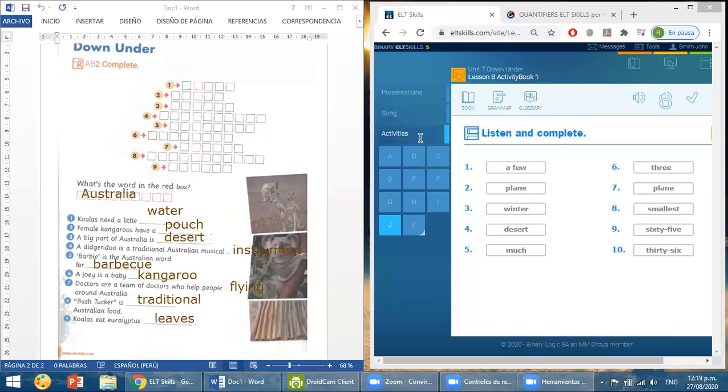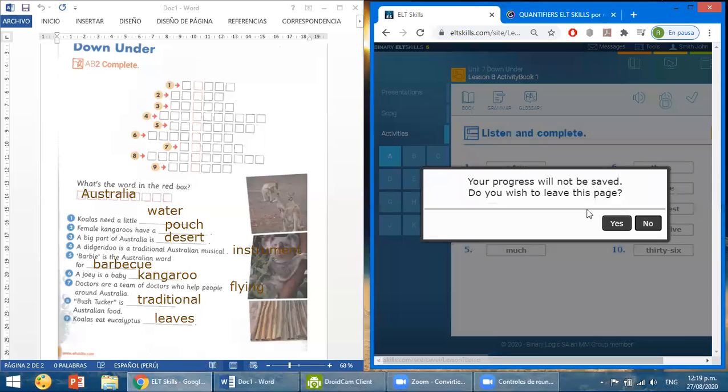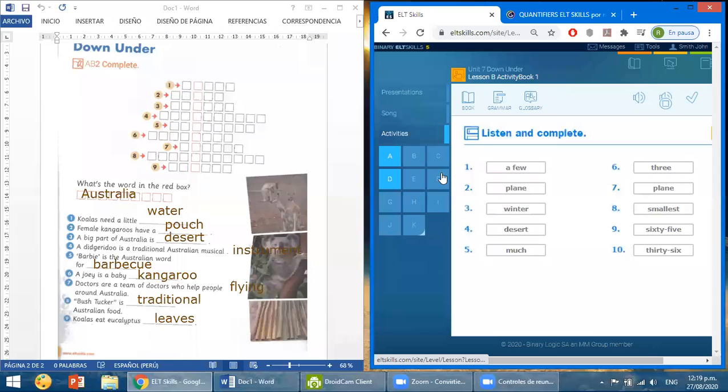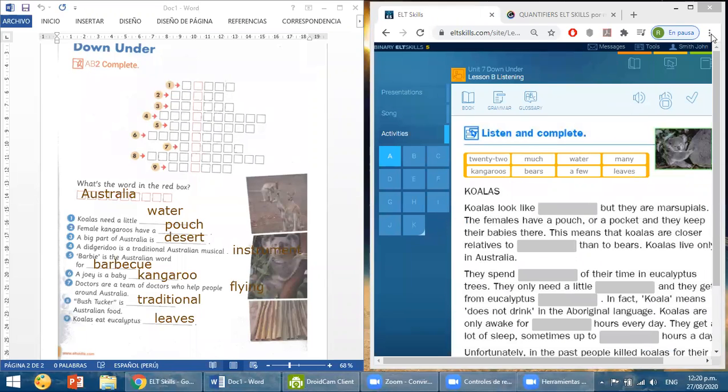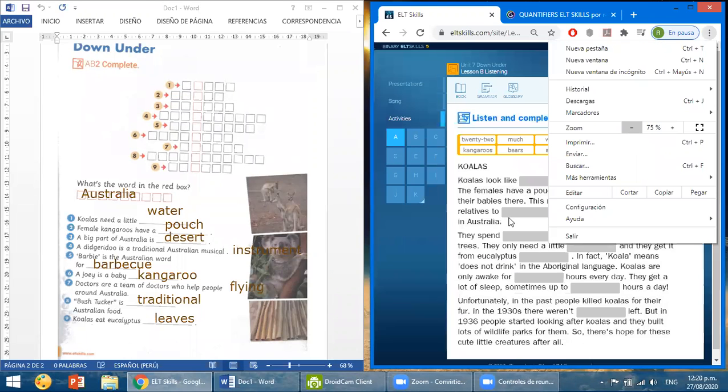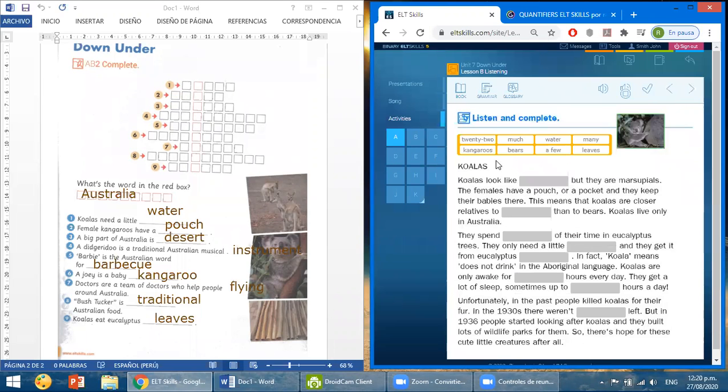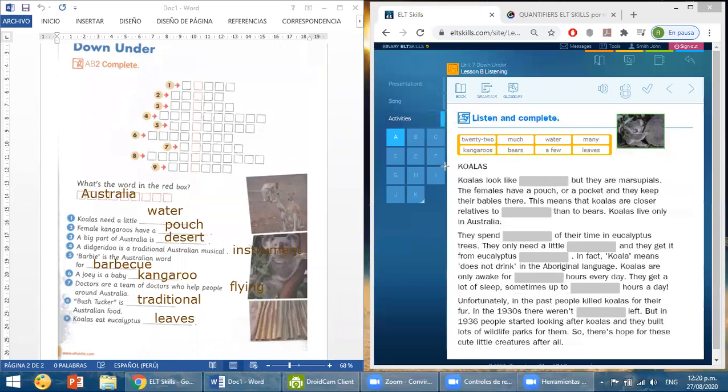Now, please continue with your activities, okay? Let's work in the platform now. Let's work activity A, B, C, D, E, F, okay? These 6. Now, please, it's your turn. Only listen to the text and you complete, okay?